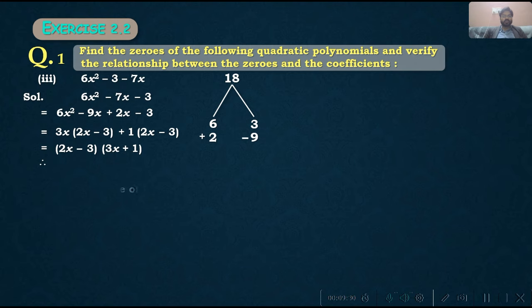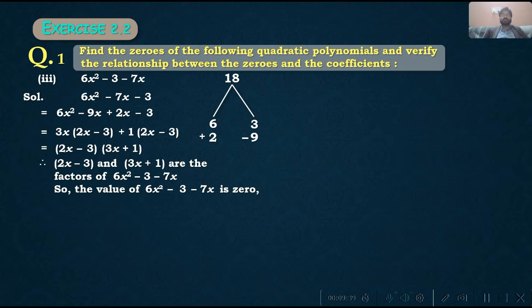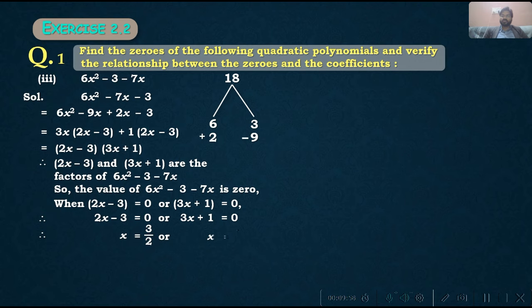So the value is 0 when 2x minus 3 is equal to 0 or 3x plus 1 is equal to 0. So x is equal to 3 by 2 or x is equal to minus 1 by 3.